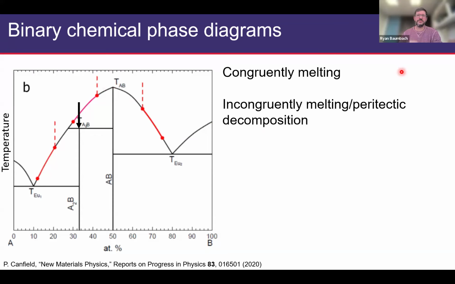There's another type of vertical line, and this is an incongruently melting phase. This is also called a phase that undergoes peritectic decomposition. So what does this mean? In this case, what it means is that I could take elements A and B, combine them in this ratio of 2 to 1, and get a compound, right? A distinct phase.